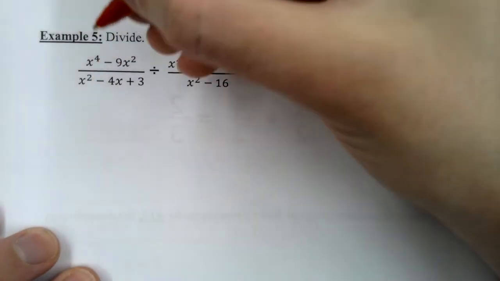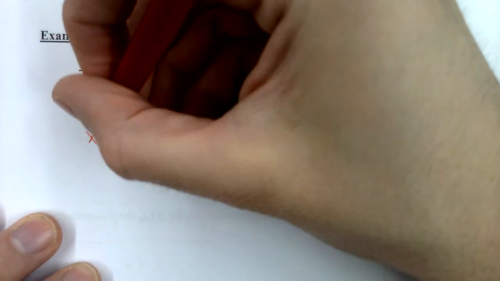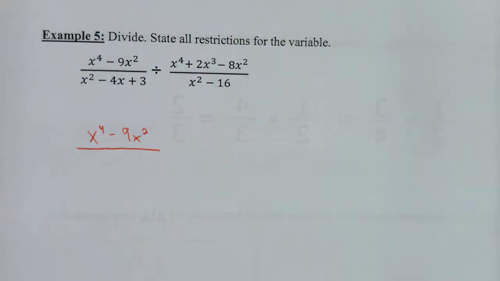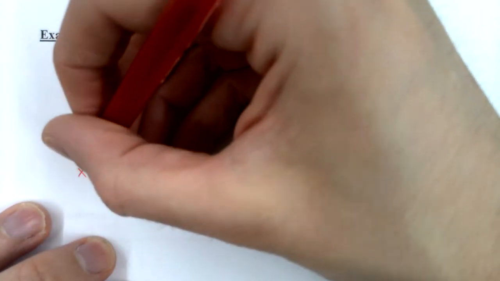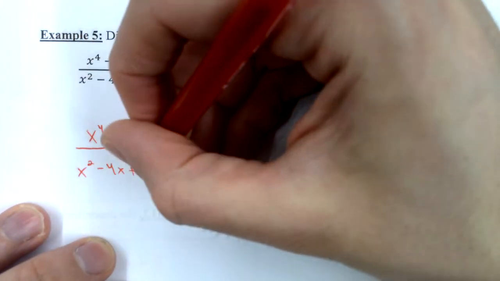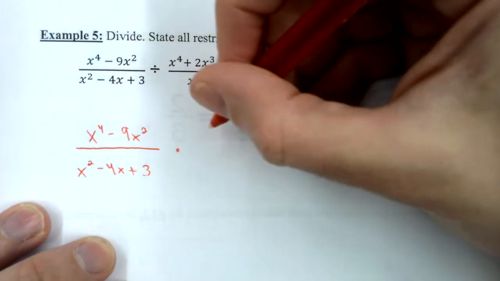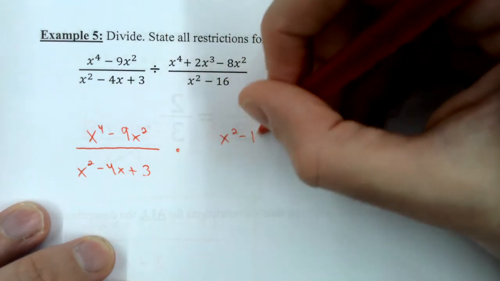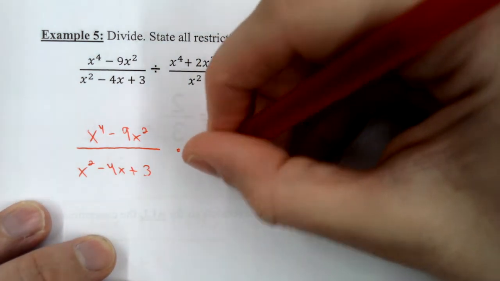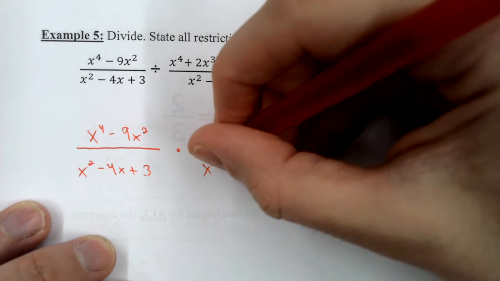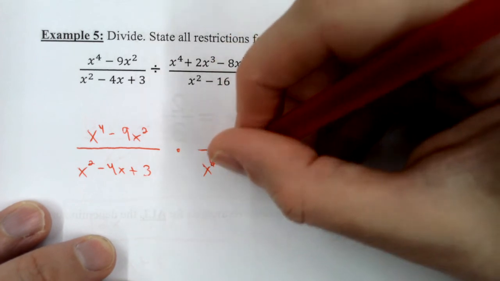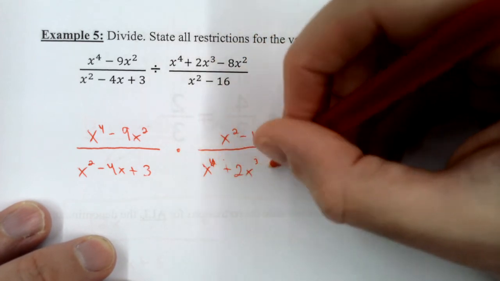So x to the 4th power minus 9x squared over x squared minus 4x plus 3, times x squared minus 16 over x to the 4th power plus 2x cubed minus 8x squared.